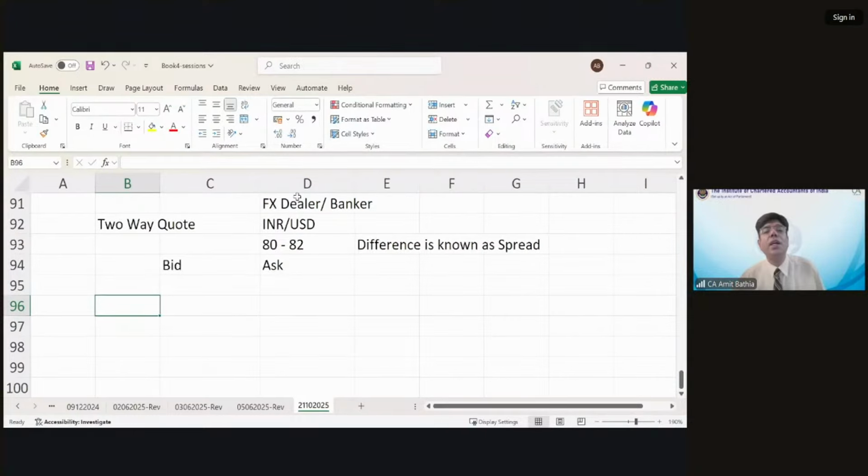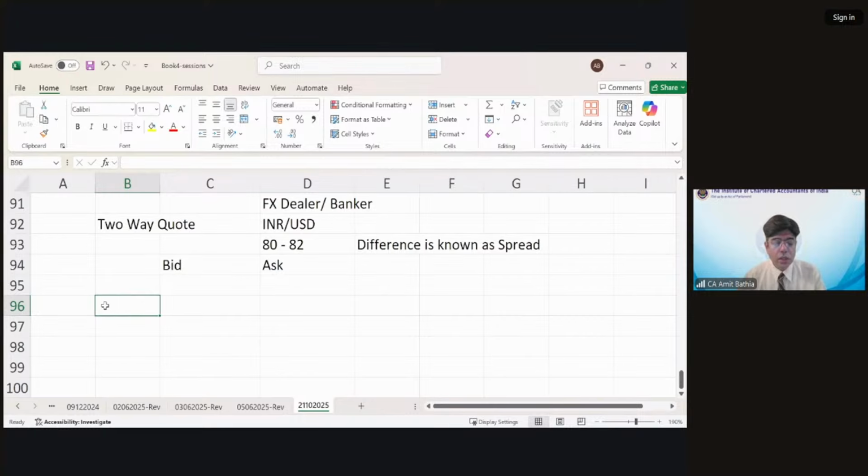It's not in the charity business. So the forex dealer will essentially need to keep his margins, right? So this margin ensures that he is going to buy at a lesser price and sell at a higher price. So generally you will find bid is always lesser than the ask price.